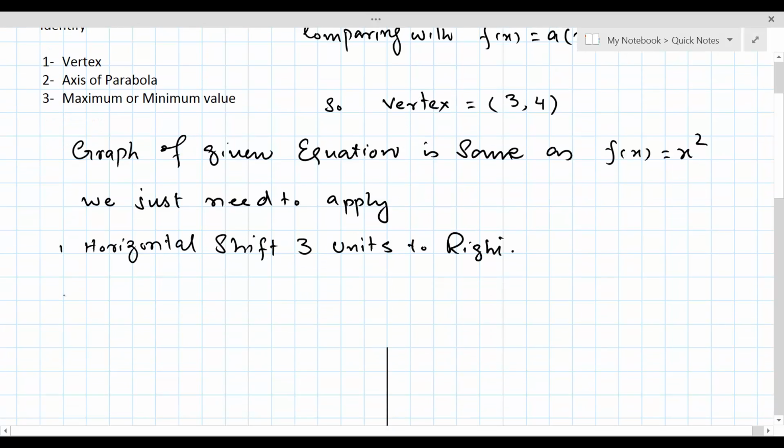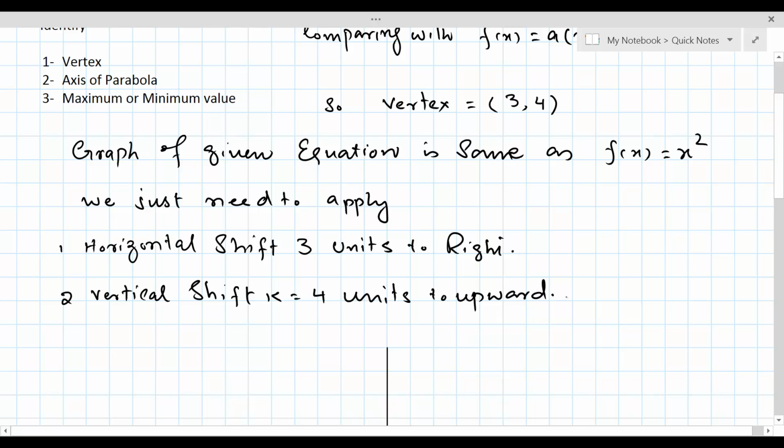Number 2, vertical shift. k equal to 4 units upward.